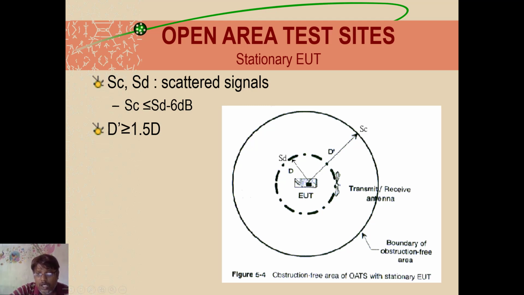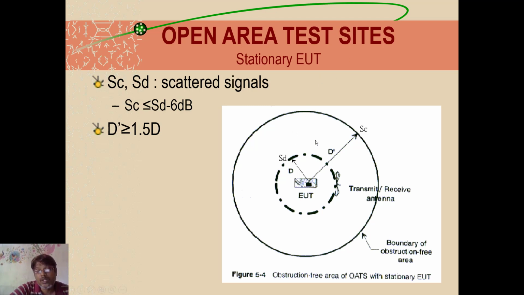In the first circle are the transmitter and receiver antennas, and its radius we call SD, the scatter distance from the device to the transmitting or receiving antenna place. And there is one more, SC, the scattered signals boundary. After that there won't be any scattered signal; it is the boundary of obstructions and free area.